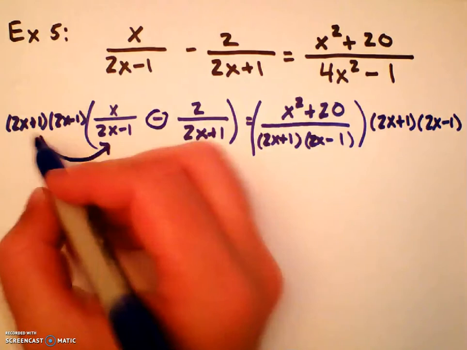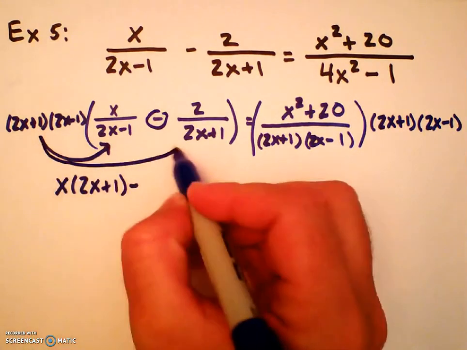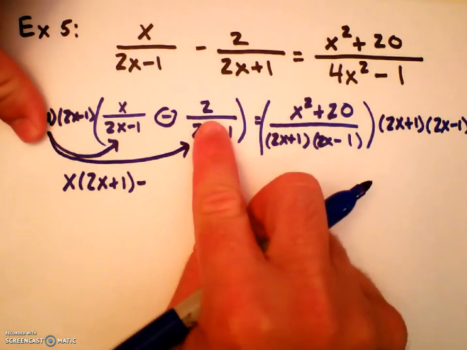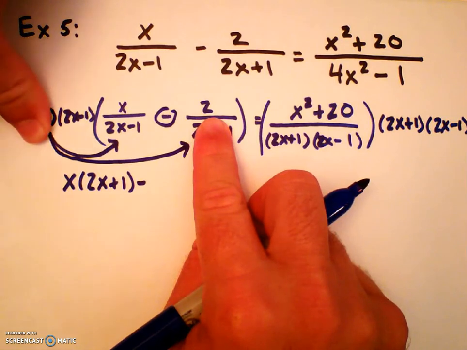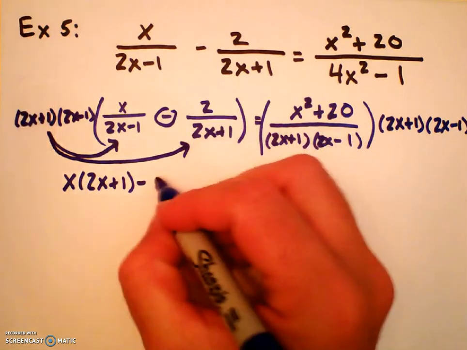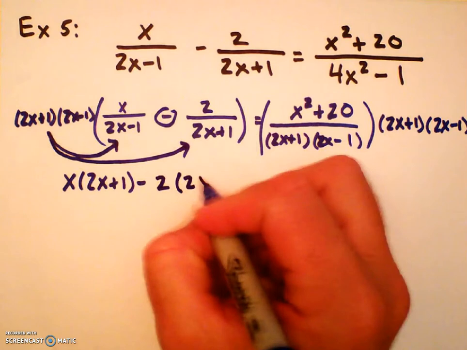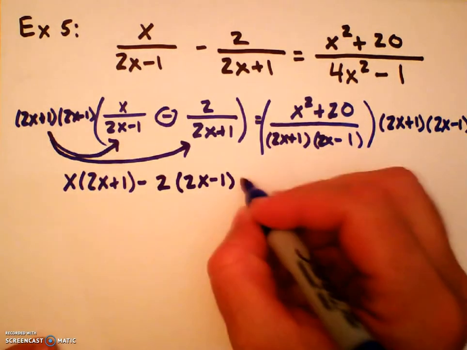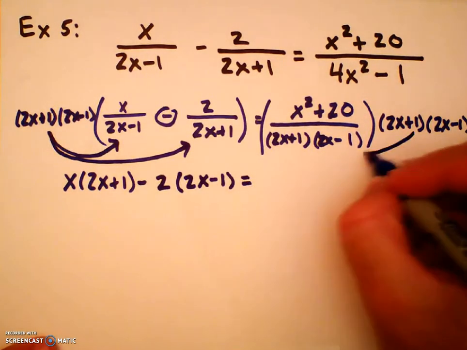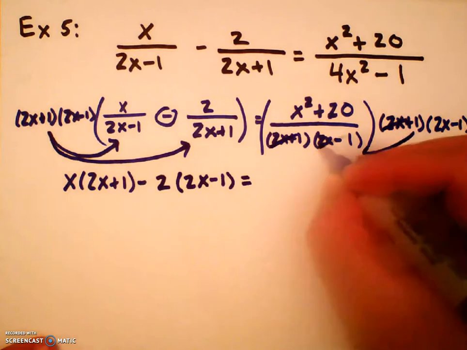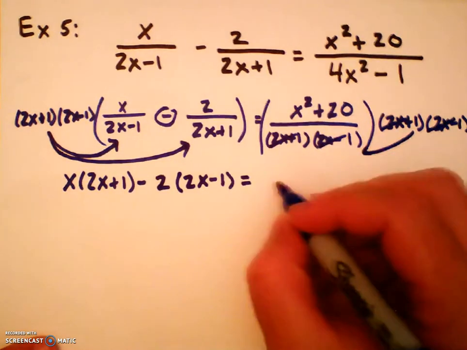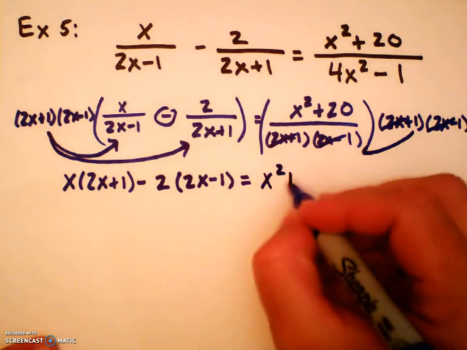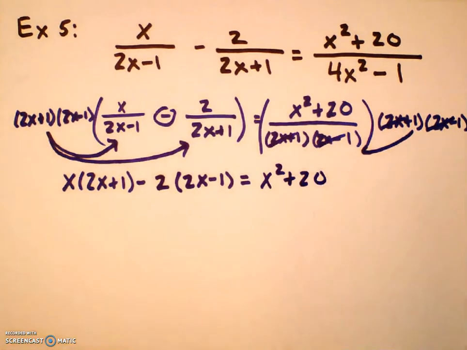When I multiply that to the second fraction, the 2x plus 1s cancel, and I'm left with the 2 and the 2x minus 1. So that is my left side of my equation, all fractions gone, which is what I wanted. The right-hand side, which is really nice about this one, is when I multiply these two, everything cancels, and the only thing left over is the x squared plus 20. So just like before, all fractions are gone.